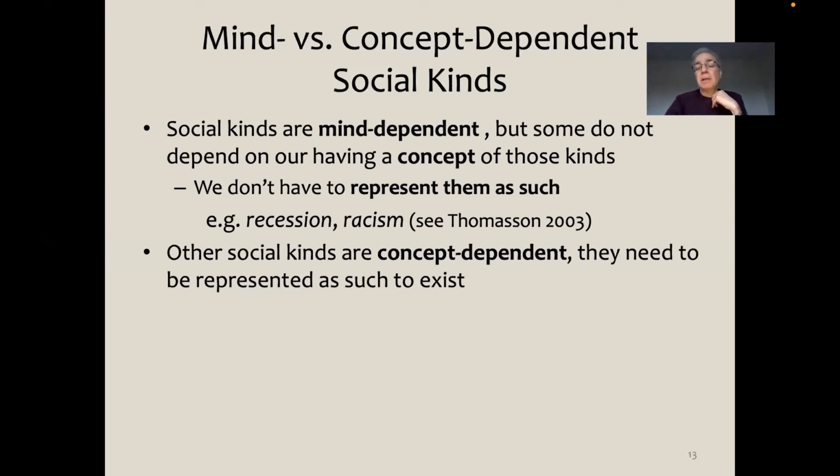But now other social kinds do seem to be concept dependent. They seem to need to be represented as such to exist. So the kind money: you might have a certain commodity that starts being used as a medium of exchange, and people don't think of it as money. And at first, we might say we don't really have money, but then eventually we start seeing that commodity as being not just any old commodity, whether it's the infamous case of cowrie shells or gold pieces or something like that.